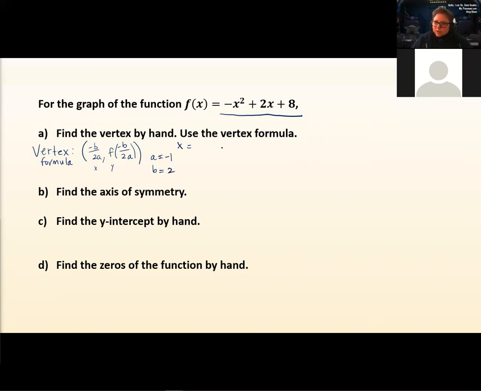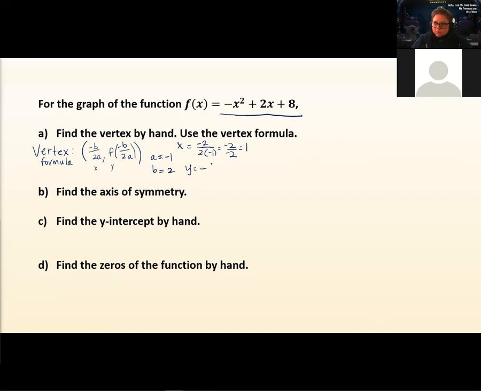Two. All right, so we have -2 over 2 times -1, right? Which is -2 over -2, right? Or 1.